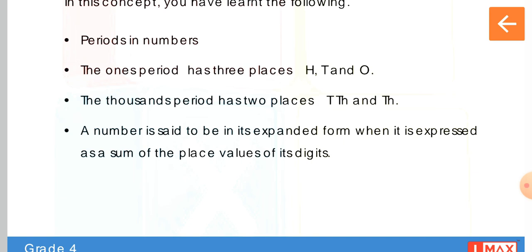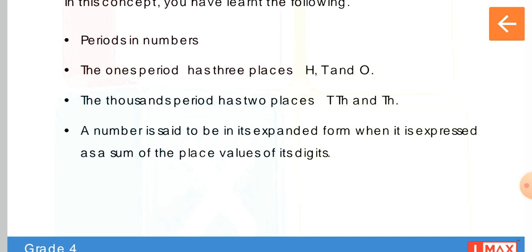Got it, children? Always remember, a 5-digit number can be divided into 2 periods. The first one from the right is the ones period, and after that it is the thousands period.